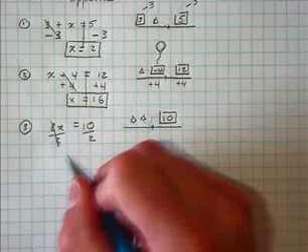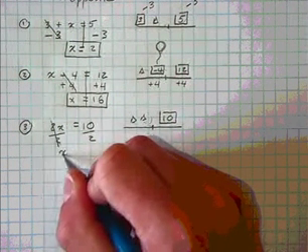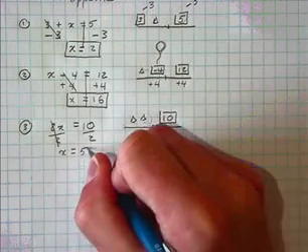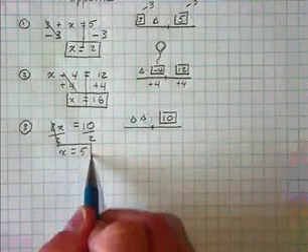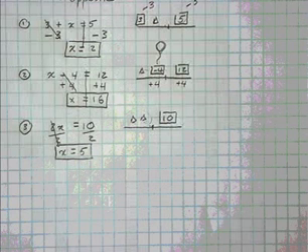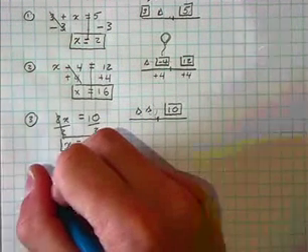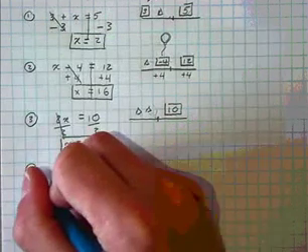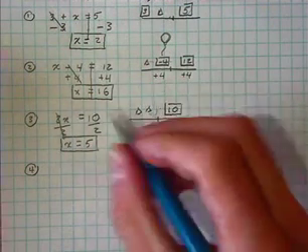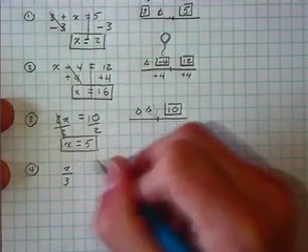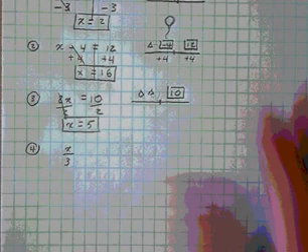So those cancel, leaving us our 1x. On the other side, 10 divided by 2 gives us 5. Division works the exact same way.